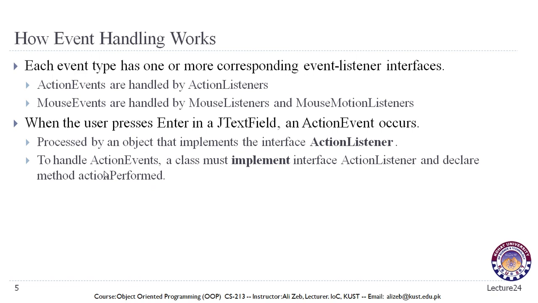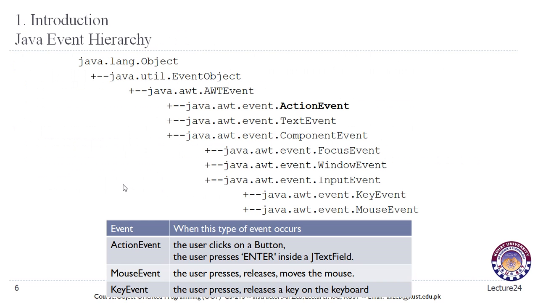And whatever functionality we added to the action performed method, the button to which it is associated was supposed to perform that action. This method specifies the task to perform when an action event occurs.